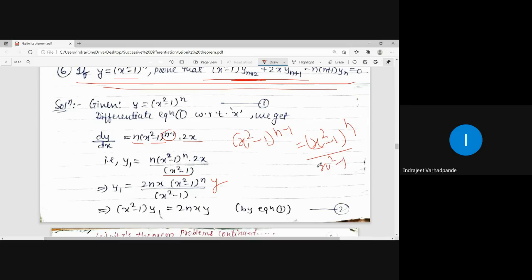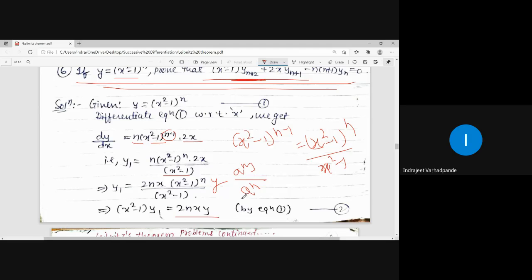By laws of indices we can write a to the power m upon a to the power n is a to the power m minus n, and this is your original y, and then we have simplified it further. Clear? This is how the simplification will go for the given terms.